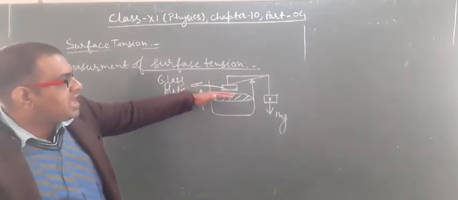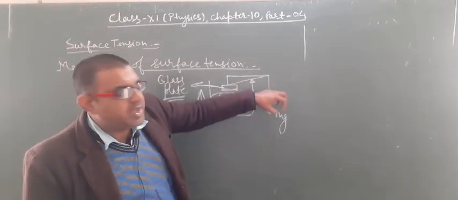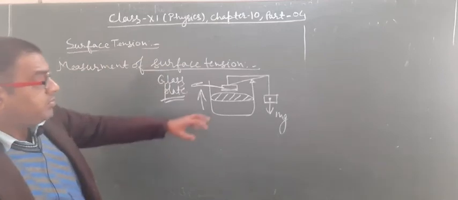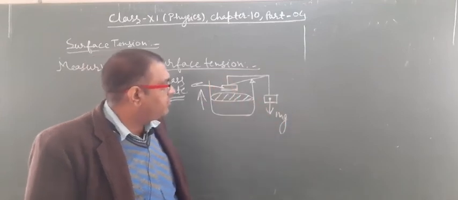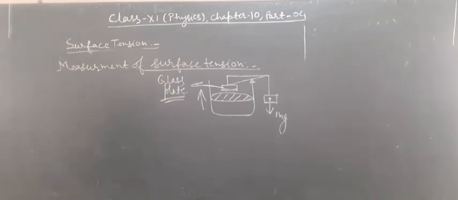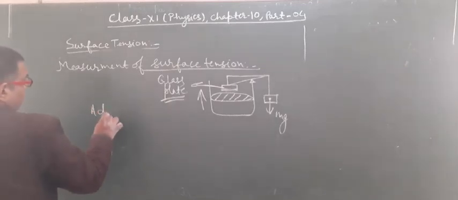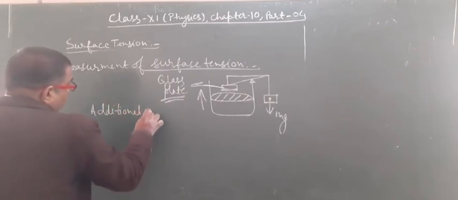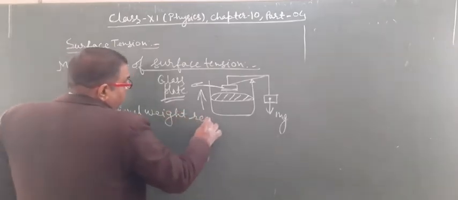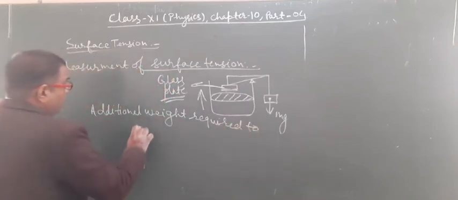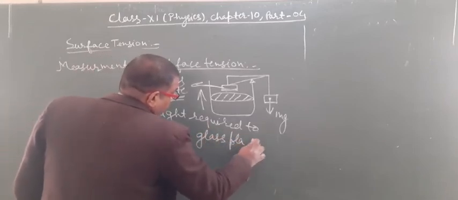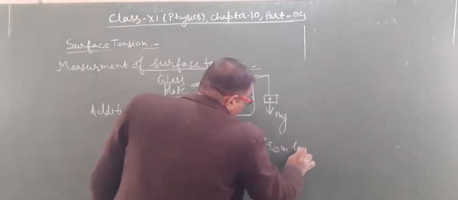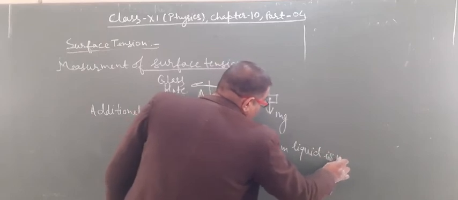Now, to detach this glass plate from the surface of the liquid, some extra load is being placed on this weighing machine, and that extra force, that additional weight required to detach this glass plate from the liquid, is mg.